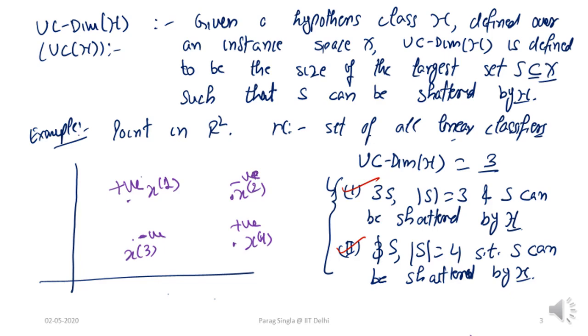Another way to write that condition is that there does not exist a set S of size 4 such that it can be shattered. I'll come to the specific example, but note that we will prove that there is no set of size 4 which can be shattered, and it is a very simple exercise to show that if there is no set of size 4 which can be shattered, then there is no set of size more than 4 which can be shattered.